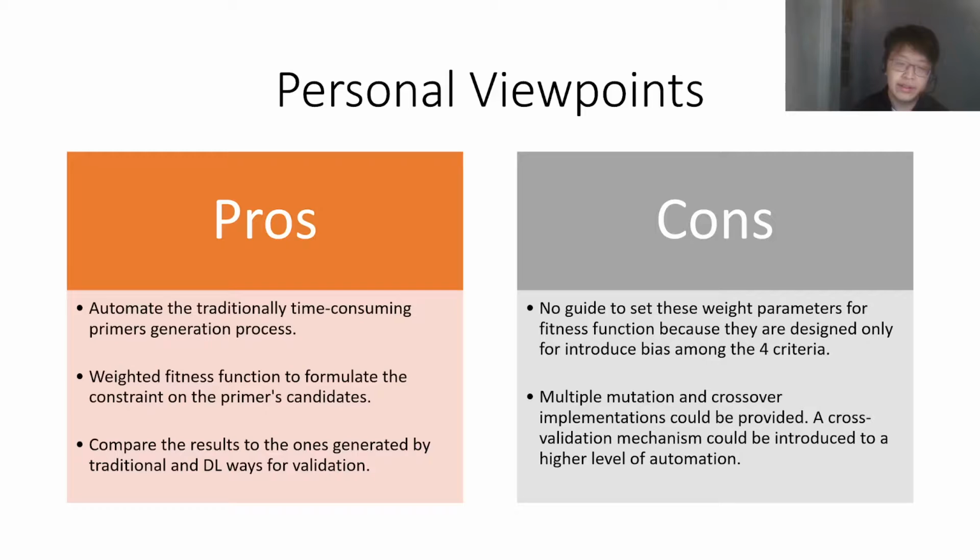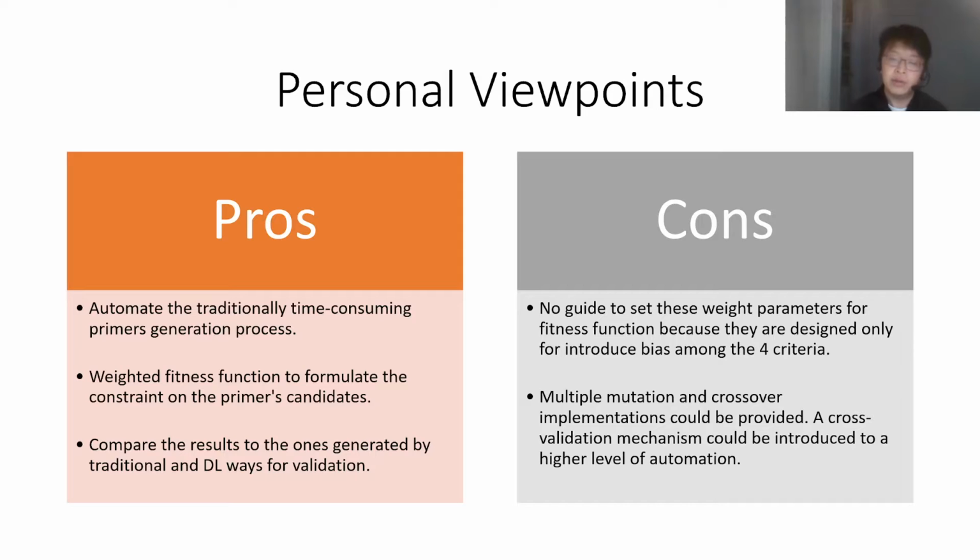However, I think there are still some chances to improve. For example, I don't think only a weighted fitness function is an inclusive way to formulate the constraints, and there is no guide for us to set the weight parameters like 1, 10, or 1000, because these numbers are designed only to introduce bias among the 4 criteria.